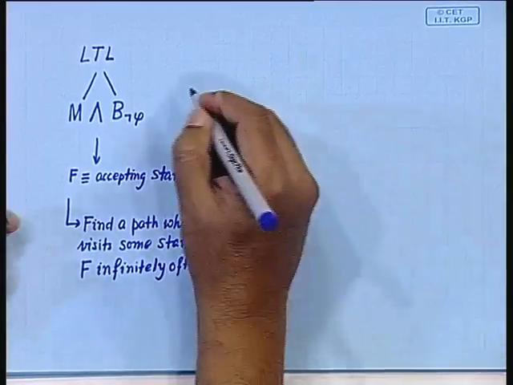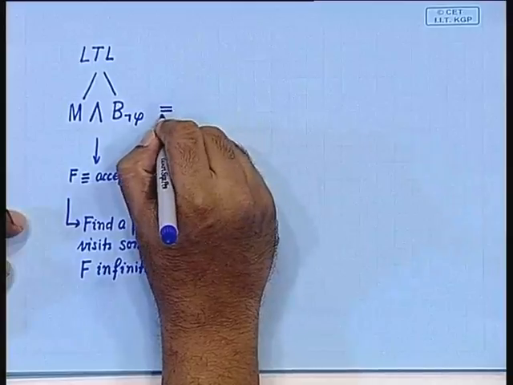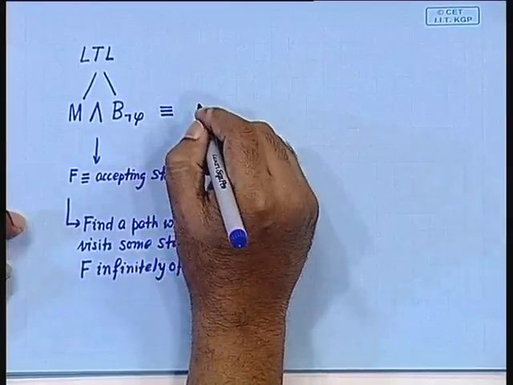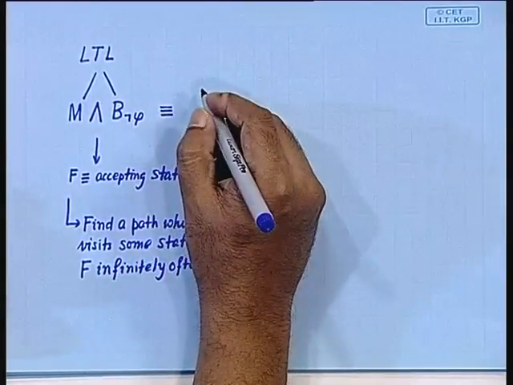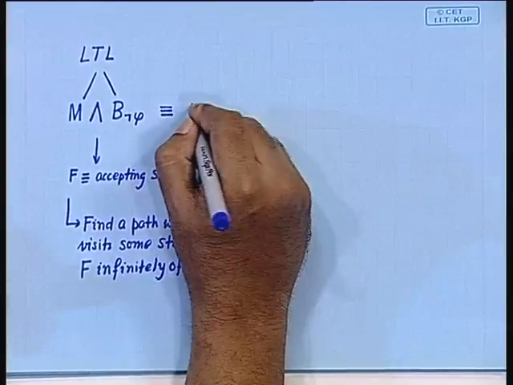So what do we do? Let us suppose that this product state machine is R.